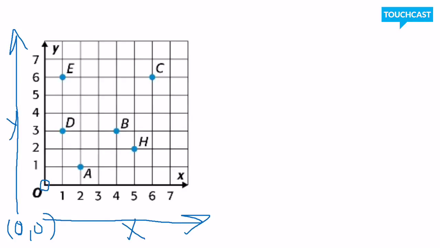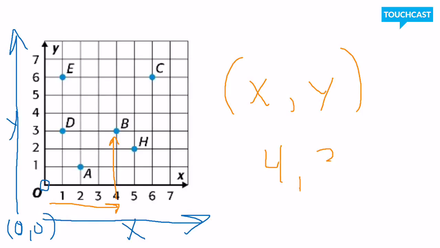The other thing to take away is that when you talk about coordinate points, you always list the x point and then the y point. For example, point B is 4, 3: 4 along the x-axis, 3 along the y-axis.